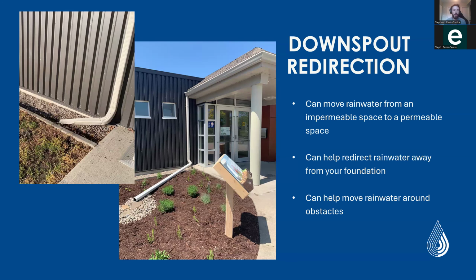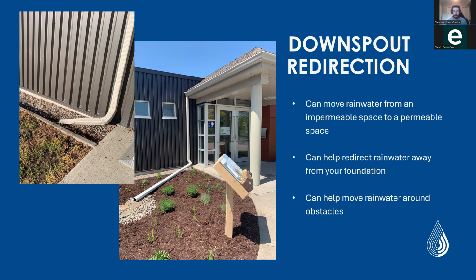Perfect. And another reason you may consider a downspout redirection is there's some sort of obstacle in the way. You're trying to get the water past this obstacle. A lot of times it's a pathway, let's say to your front door, and you have this downspout coming down, and you can't put it across the pathway because it's a tripping hazard, and you're not sure where to put the water.